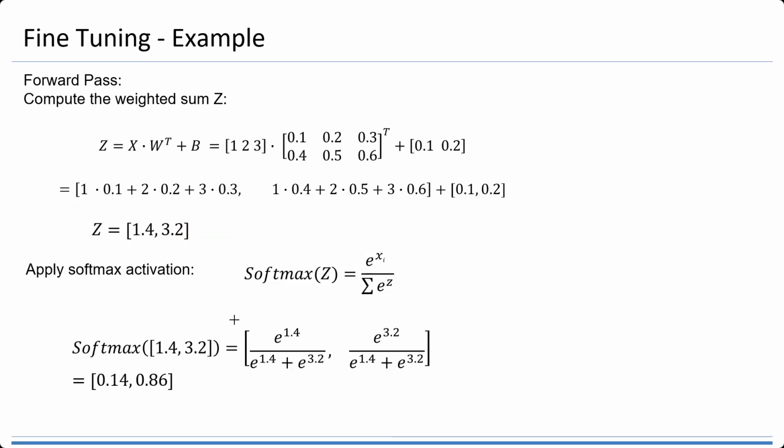Then we get the softmax value when Z is 1.4 and 3.2. It means we take the exponent of the natural number e. So e to the power of 1.4, which is the value from the first, divided by the summation of e to the power of Z, which is e^1.4 plus e^3.2.